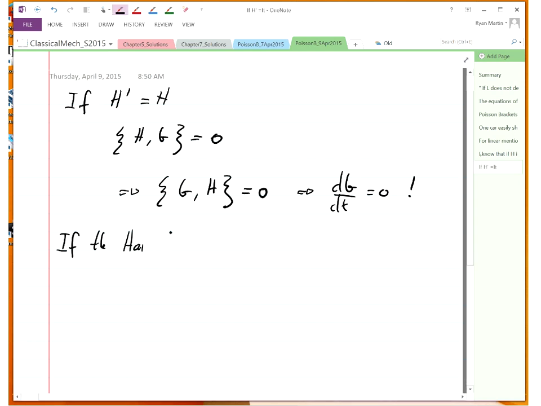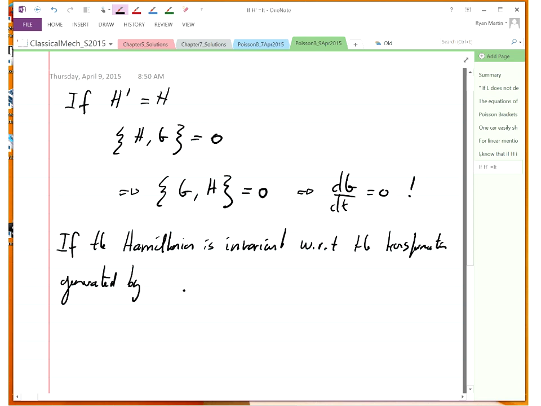So if the Hamiltonian is invariant with respect to the transformation generated by G, then G is conserved.